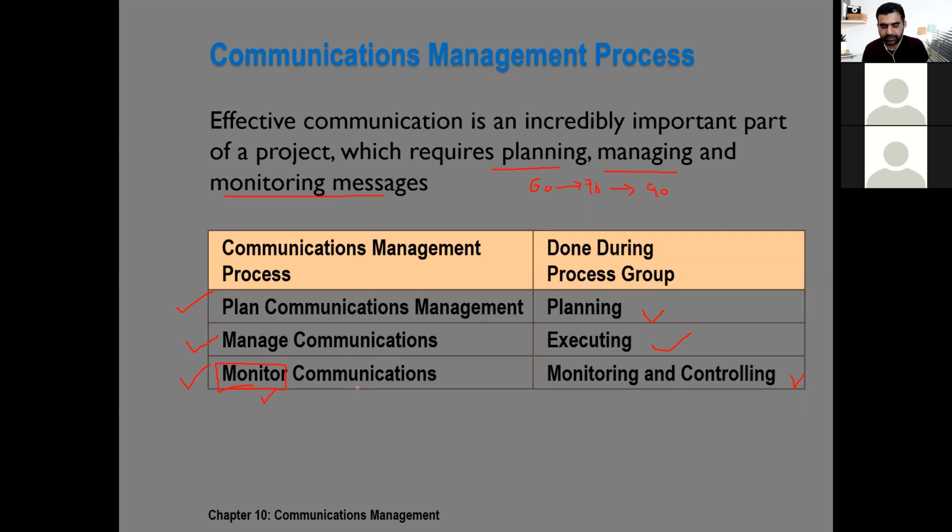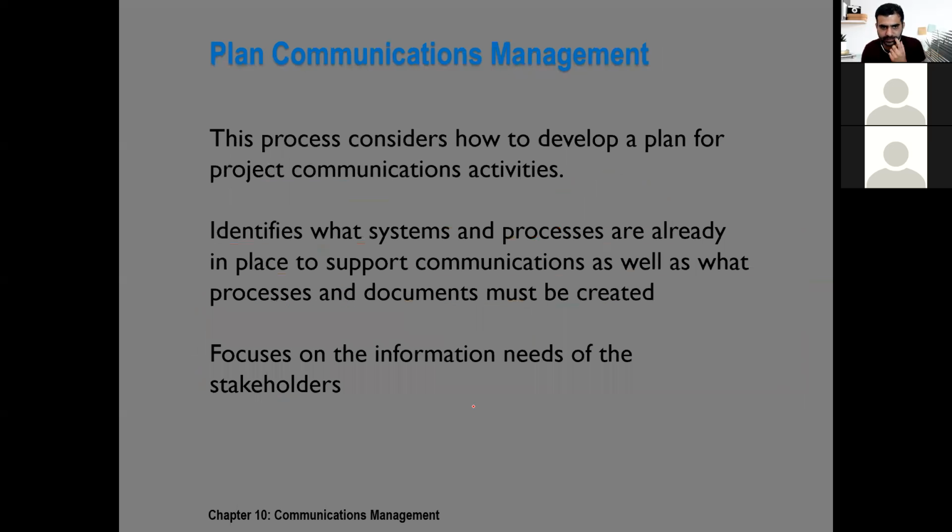Based on that monitoring and feedback, the project manager improves the management of the communications. So firstly, we develop a plan for communications. Then by following the plan, we manage the communications and monitor it, and we keep improving our communication based on the feedback from our monitoring activities.